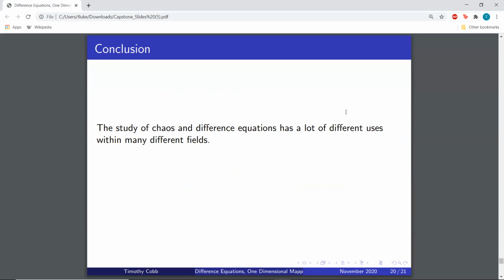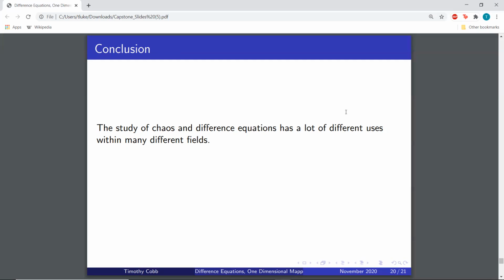So to conclude, we're going to look into some of the different ways that chaos and difference equations have uses in many different fields. For example, in economics or in business, computing the interest based on prior years is a difference equation. Another example is if we're looking at population growth over a period of time, a difference equation can be used to show that as well.